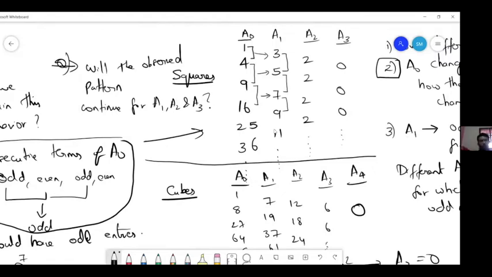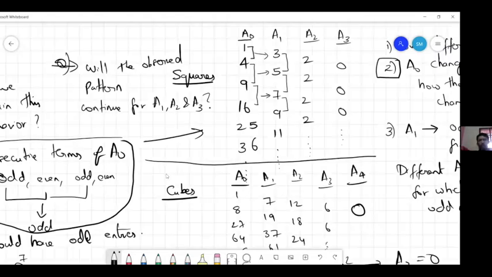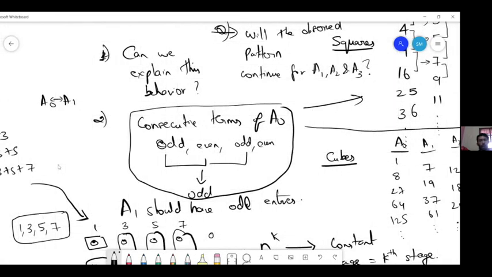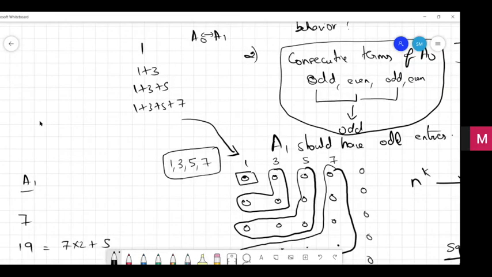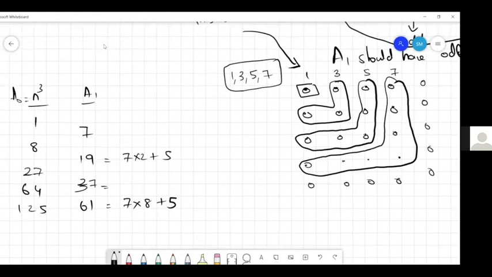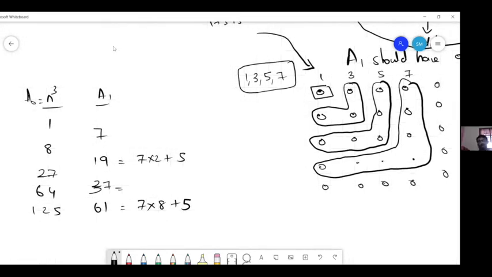So now, is it possible to give a formula to each of these columns? But can we say then the constant will always be even? Okay, this is a question, right? Can the constant be always an even number? If it is a factorial, then it definitely will always be an even number.